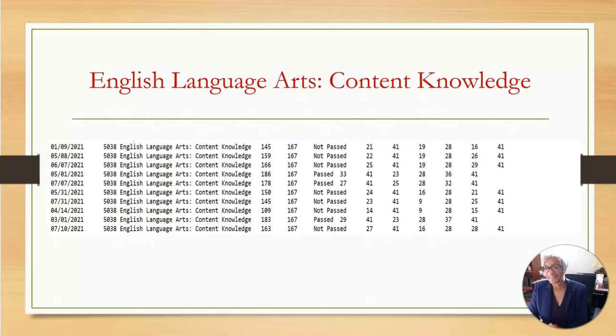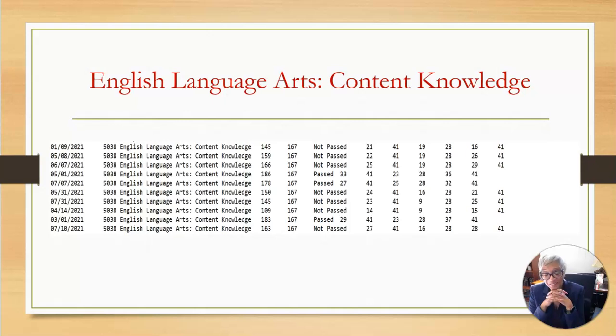So then I decided to dig a little deeper, Dr. Ely, and my content area is English language arts. So I drilled down into that a little bit, and I saw that there were 10 records for 2021, which is the year that I took the Praxis.